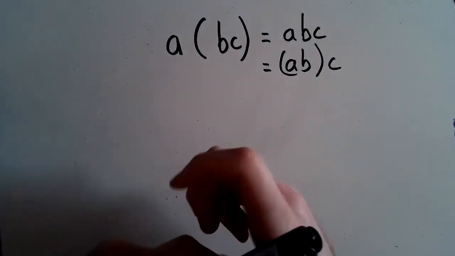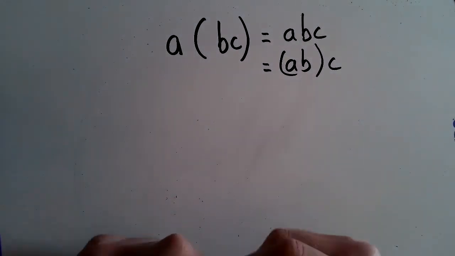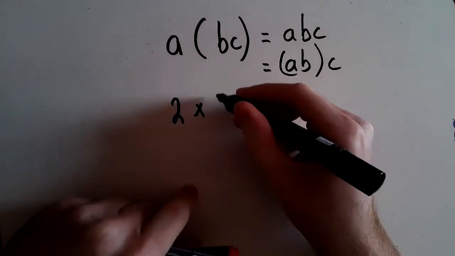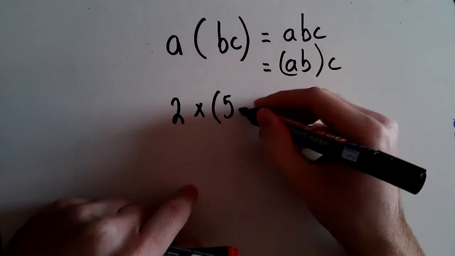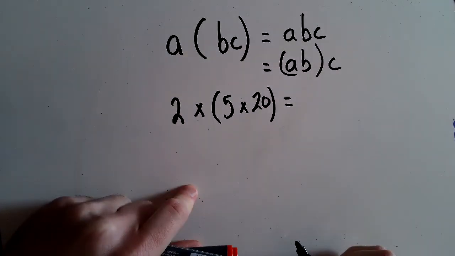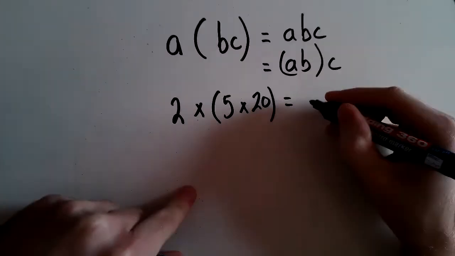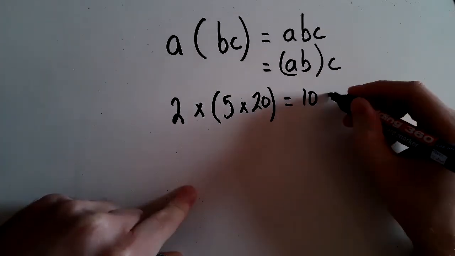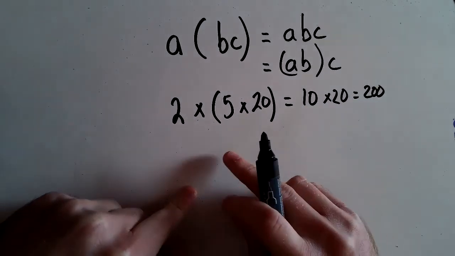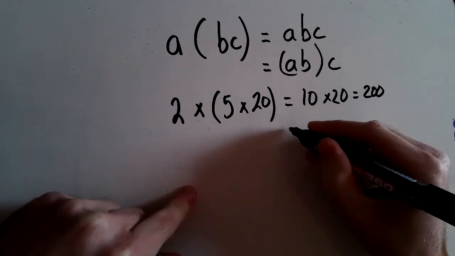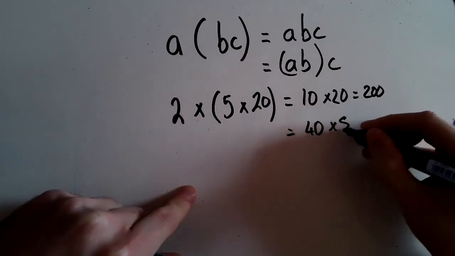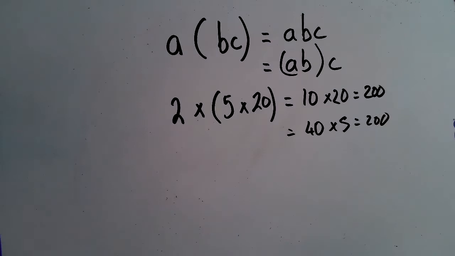So for example, if I want to do something like 2 times 5 times 20, to do that, I could first do 2 times 5 is 10, and then times that by 20. Or I could do 2 times 20 first, and then times that by 5. It doesn't matter what order I do things in.